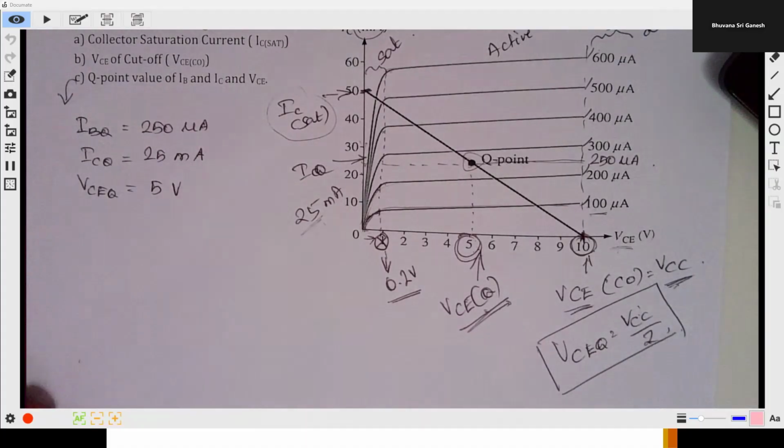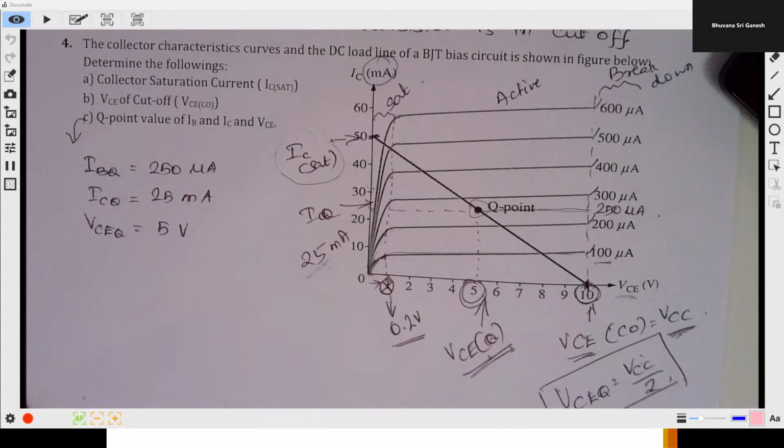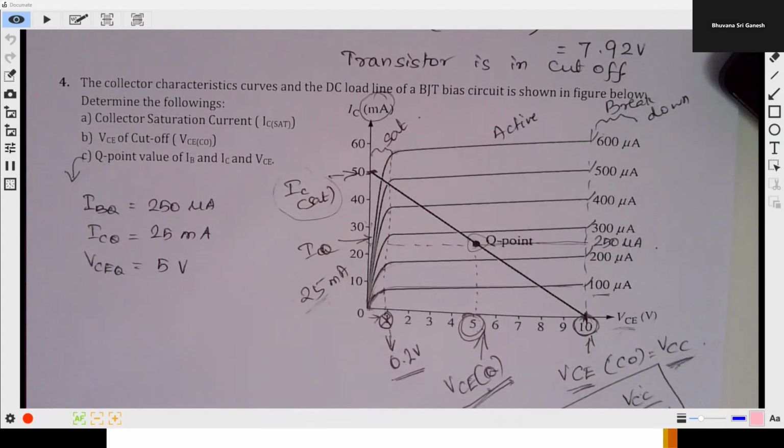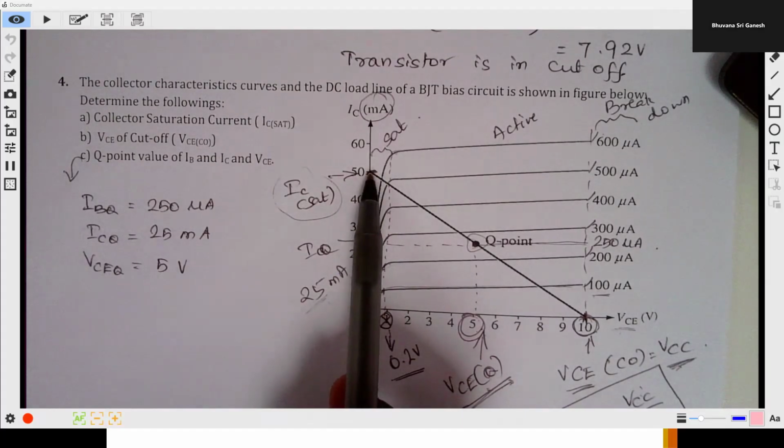All right, next, let us calculate the collector saturation current. This is also not by any calculation, just by looking at the graph. So what is the collector saturation current? The y-axis is marked at this.